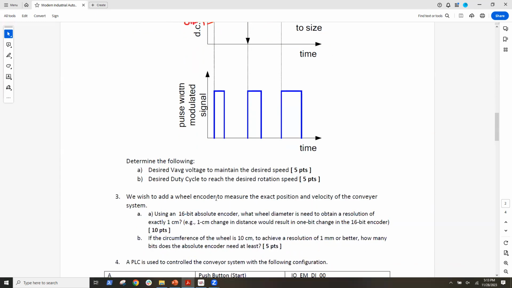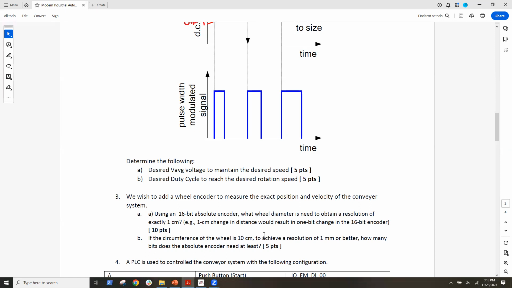I want to use my encoder to know where I want to stop at a certain distance. Given my encoder setup, how many clock ticks do I need to tell the motor to stop? This is what question 3 was asking. I have a 16-bit encoder, and I gave you the resolution here.